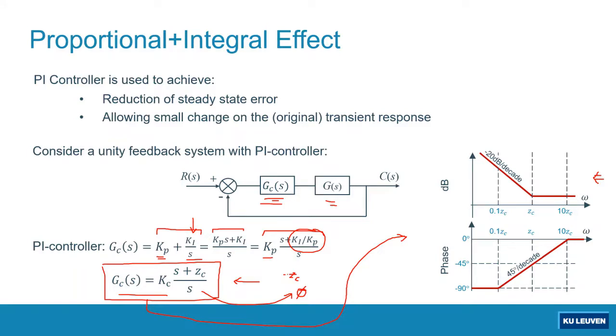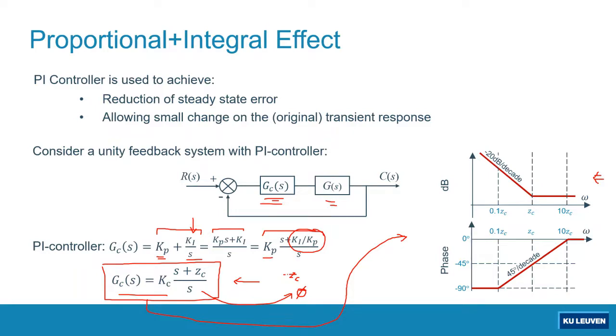Whereas for the phase plot, at low frequency, it will have an angle of negative 90 degrees until 1 decade below the corner frequency, or 1 decade below Zc, obviously here, because our corner frequency now is equal to Zc, and the phase has 0 degrees in the high frequency region, above 1 decade above the corner frequency.